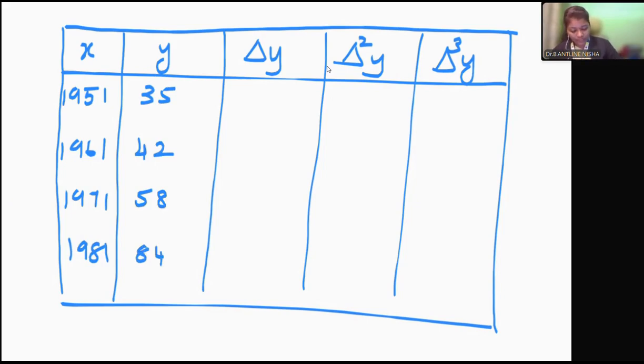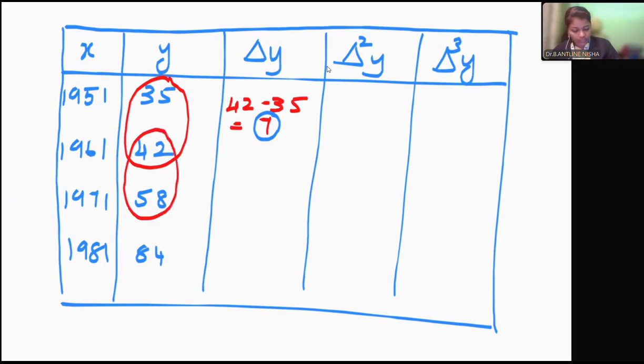Now you have to see the difference between this 35 and 42. From 42 you have to subtract: 42 minus 35 is 7. Then 58 minus 42 is 16.